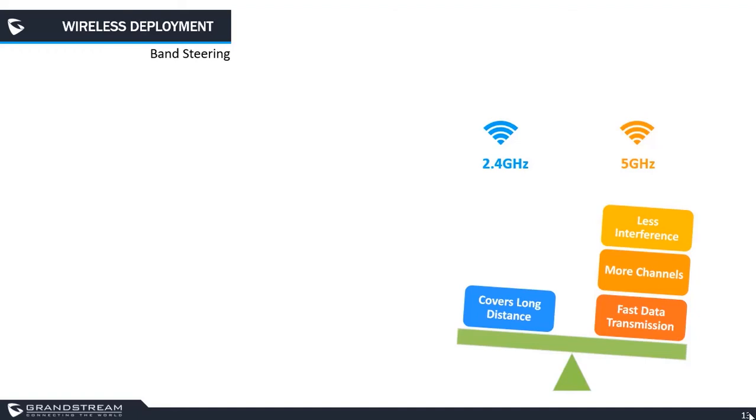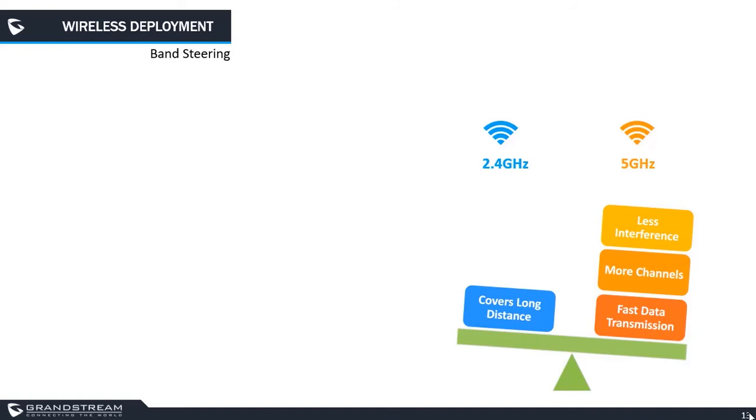And 2.4 is also known for being more susceptible to interference because many non-Wi-Fi devices use frequencies close to 2.4, such as microwaves, cordless phones, baby monitors, and even if your neighbor's router is using 2.4 and the same channel, that can also cause interference. For example, if you live in an apartment complex surrounded by many wireless devices in your neighbors' apartments, there is always a strong possibility that the 2.4 gigahertz band is congested with all sorts of devices, including microwaves, Wi-Fi devices, and non-Wi-Fi devices.